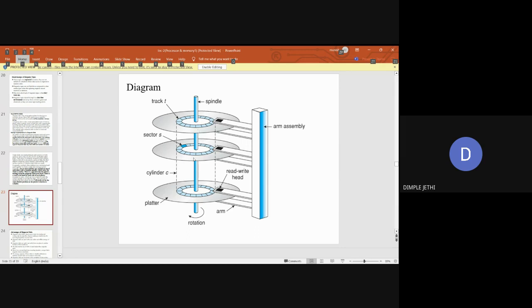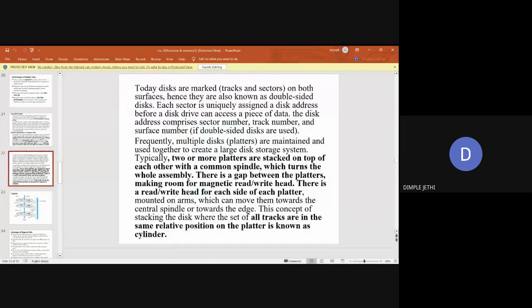This motor, where all these platters rotate, is called the spindle. Now for reading whichever data you have to read, you have the read and write head. For reading and for writing, you place this head on that particular track and sector from where you want to read or write the data.